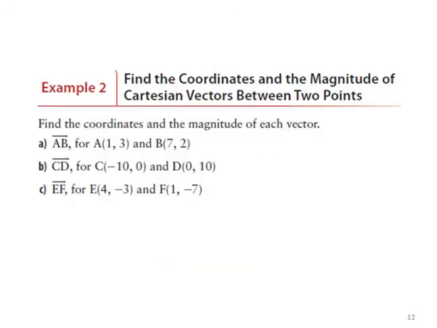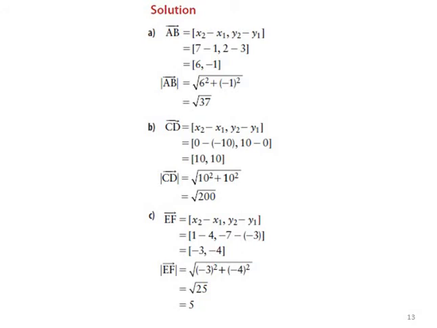Now, part B, we have vector CD. C is (-10, 0), and D is (0, 10). So that will be x2 minus x1 and y2 minus y1. So that will be 0 minus negative 10 and 10 minus 0. So we have (10, 10), and the magnitude is going to be the square root of 10 squared plus 10 squared. So we have square root of 200.